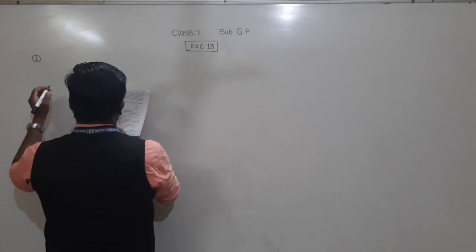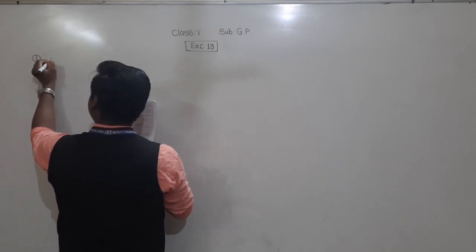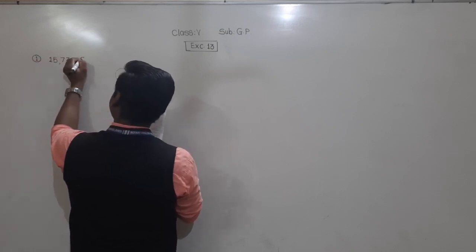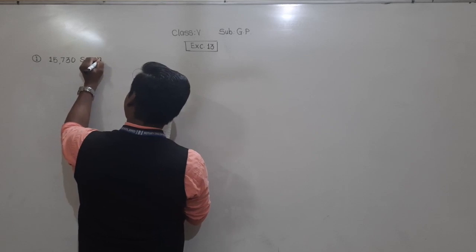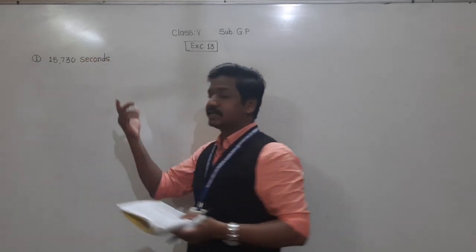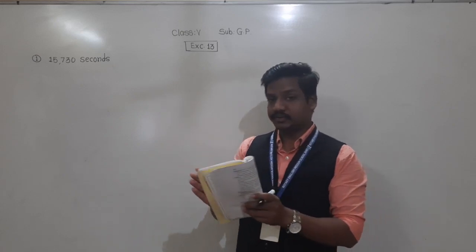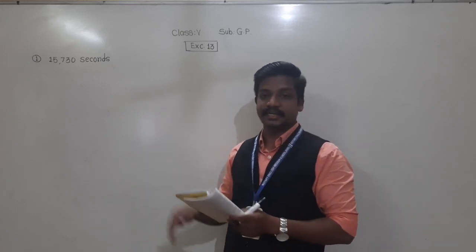What is given? 15,730 seconds. Okay, and in these seconds there are some minutes and again there are some hours, so we have to write them separately as hours, minutes and seconds.